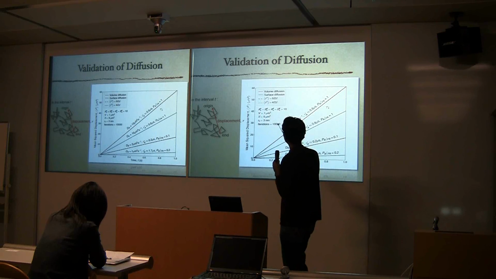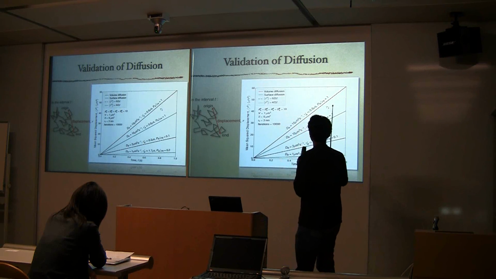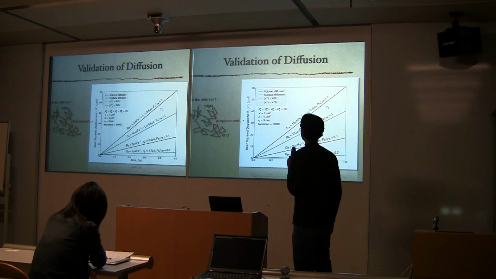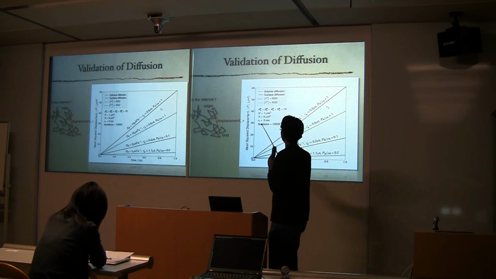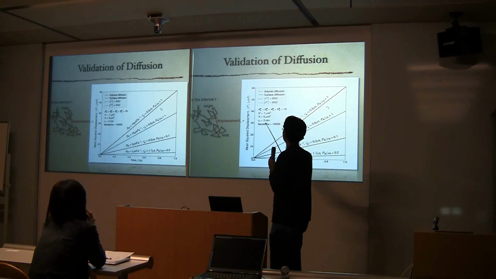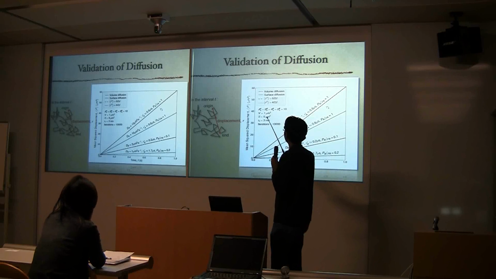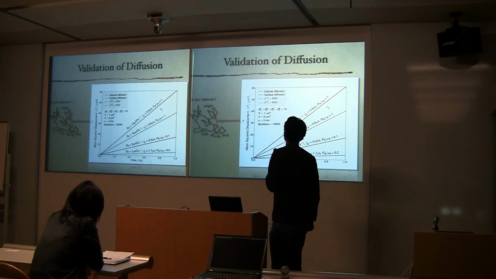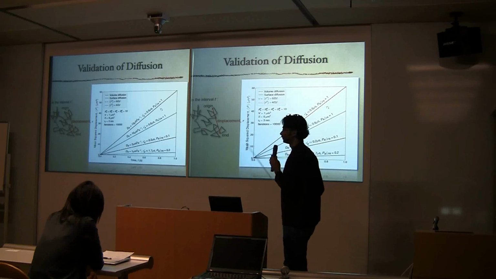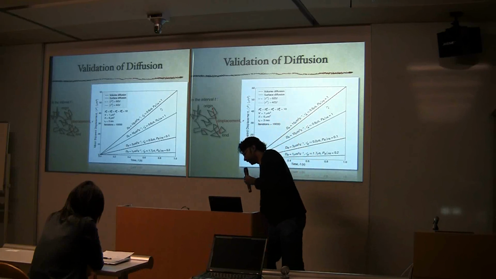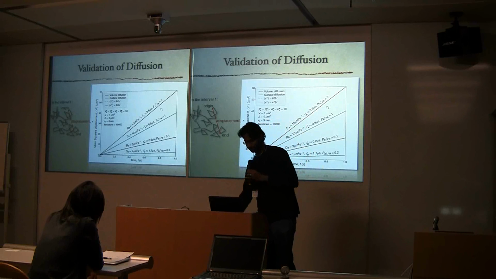When I made the iterations for 10,000, they agree very nicely with the analytical solution. Here the radius of the voxels that I used was 3 nanometers, the surface area was 6 micrometer square, and the volume was about 1 micrometer cube. I used the periodic boundary condition in order to validate this diffusion.